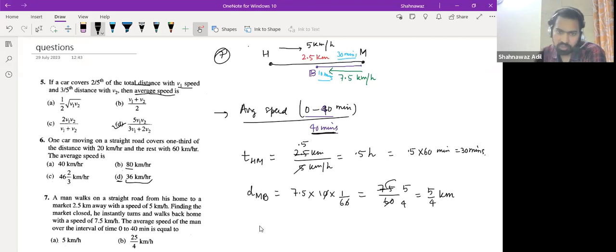So the average speed would be total distance divided by total time.